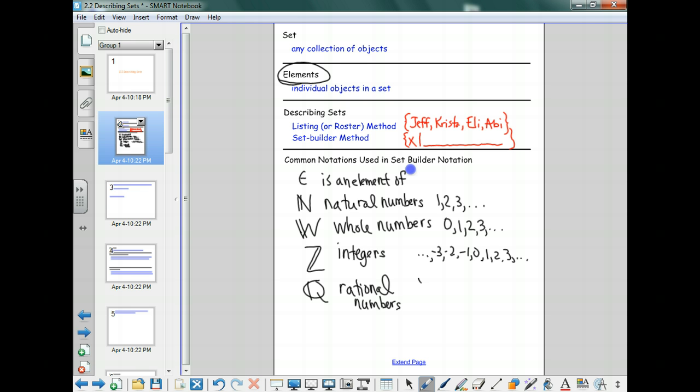Just generally speaking, you can think to yourself, these are fractions. And it includes all the ones from before, because I can write any of those numbers I already listed for you before as a fraction. How would I write 7 as a fraction? Close. 7/1. So all the numbers we've listed before, they are rational numbers.